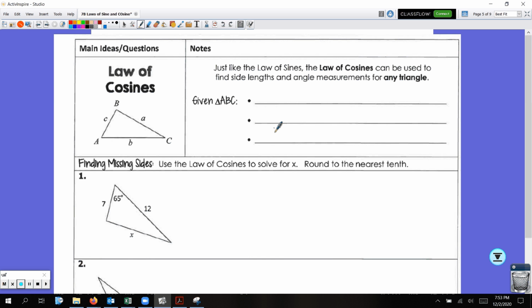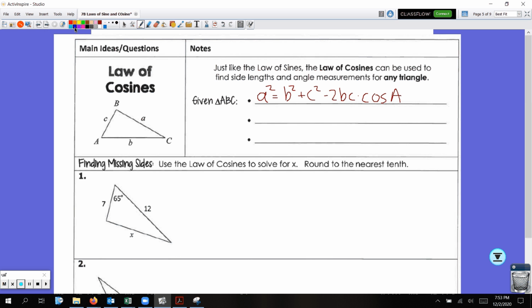If we are looking for side A, we know that A squared is equal to the other two sides squared added together, minus 2 times those two sides, times cosine of the angle opposite the side I'm looking for. I know, you're like, what? That's crazy. But there's a pattern, and you're going to get used to it because you're going to practice.